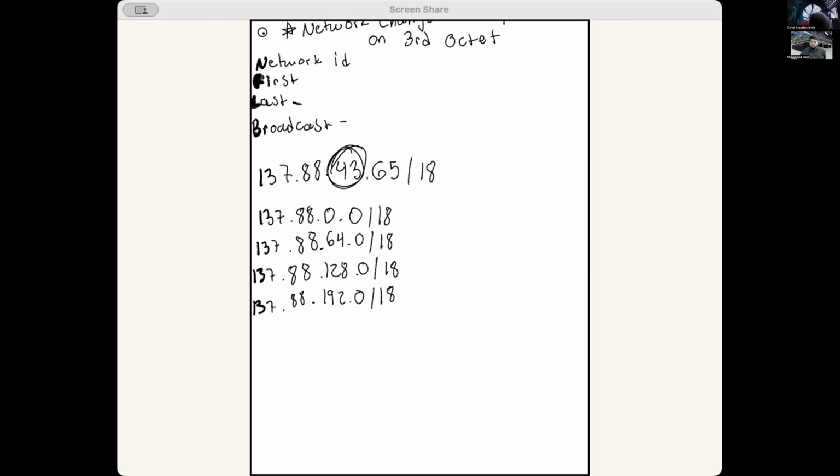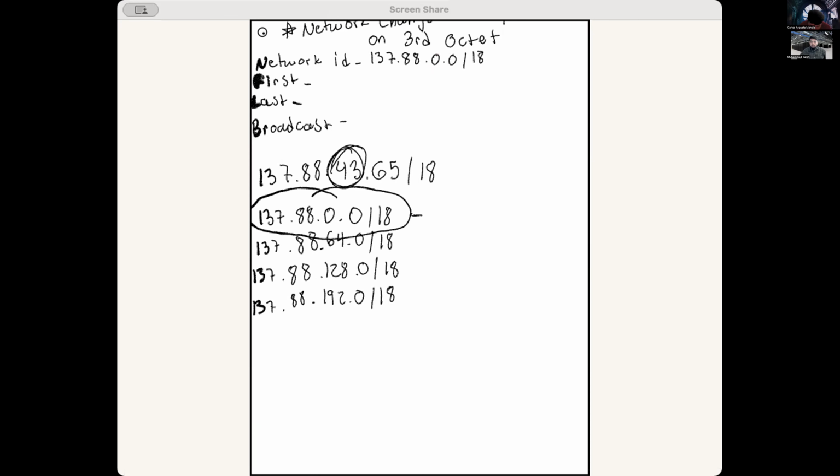Okay, but for what we care about here, we know that the first network ID is that. So we'll go ahead and write 137.88.0.0/18.